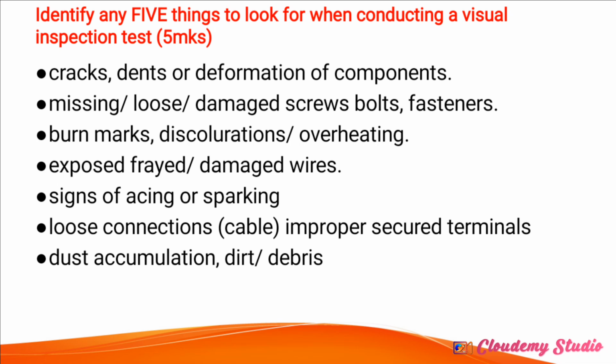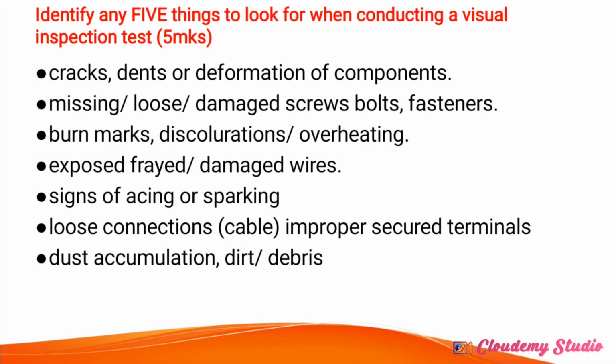So first, you can say cracks, dents, or deformation of components. When I'm talking of a crack, when you look at a motherboard, there might be a crack. That crack can be easily seen by the eyes. Then you have the dents. A dent is a form of scratch. If something has scratched one of the components, there is a spot left behind, so it can be seen.